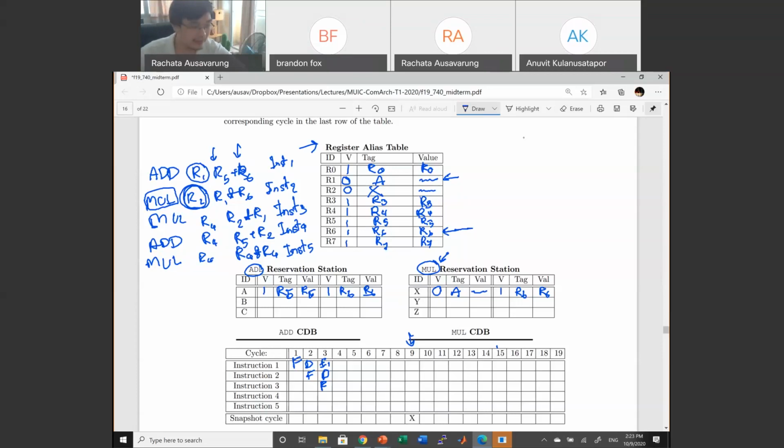Okay, so in cycle number 4, what happened? This goes into the second stage of execute, right? Can I execute instruction 2 in cycle number 4? Can I do the multiply?